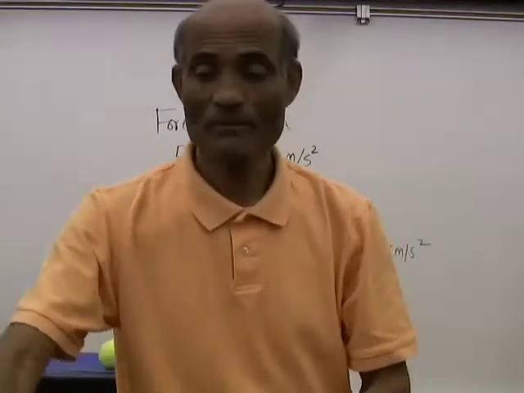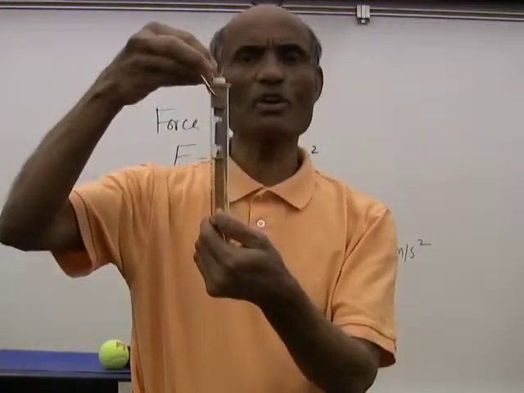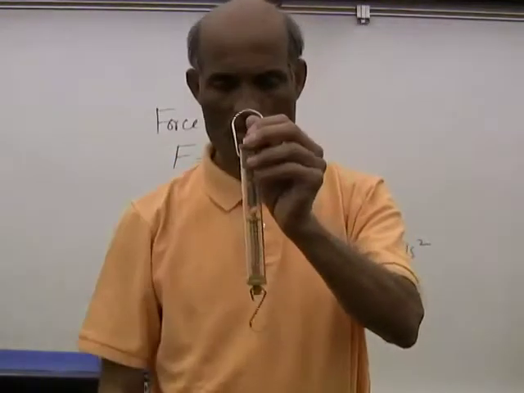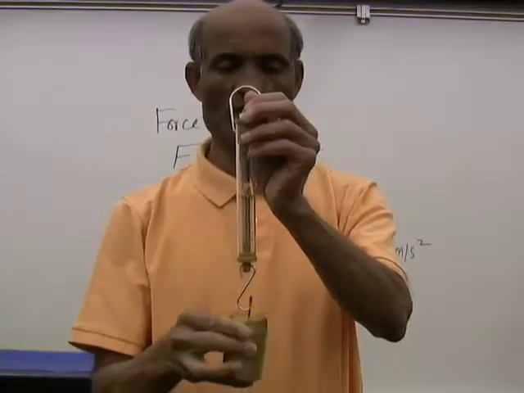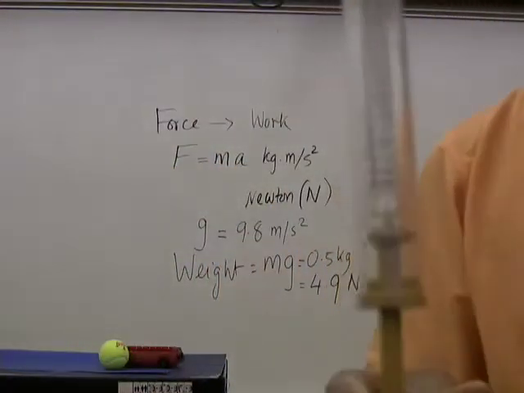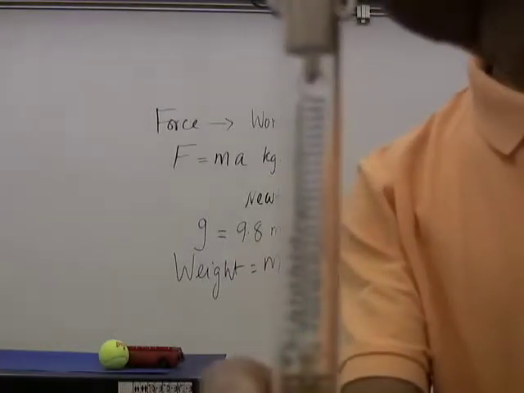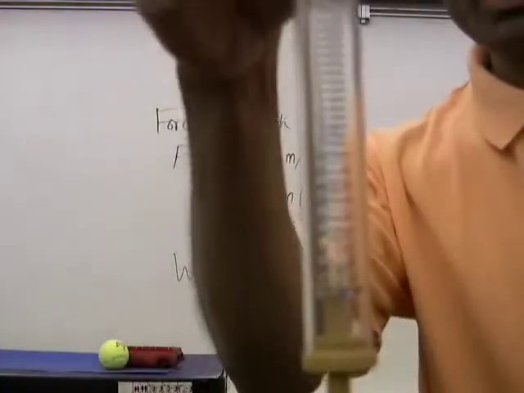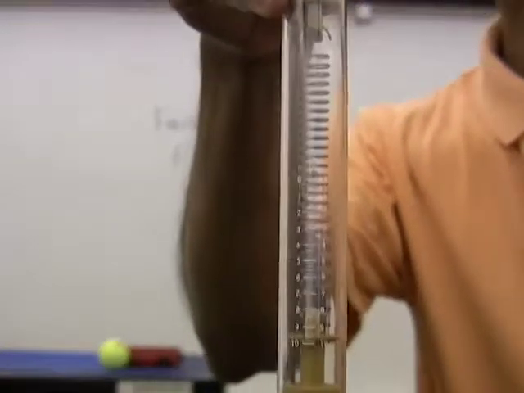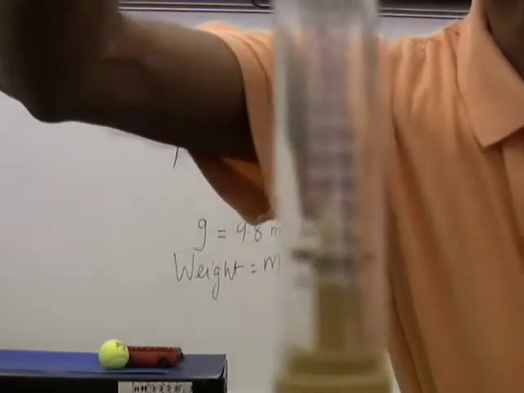Now, here I have a scale that measures the weight of an object in Newton. Now, I want you to look at the weight of this object in Newton. I'm going to hold it near the camera. Now, watch when it comes clear, if it comes anytime clear at all.